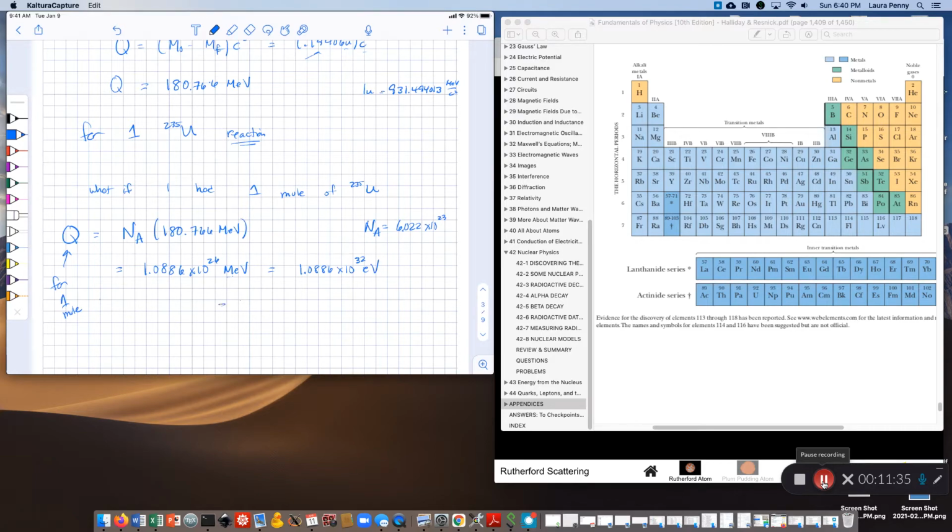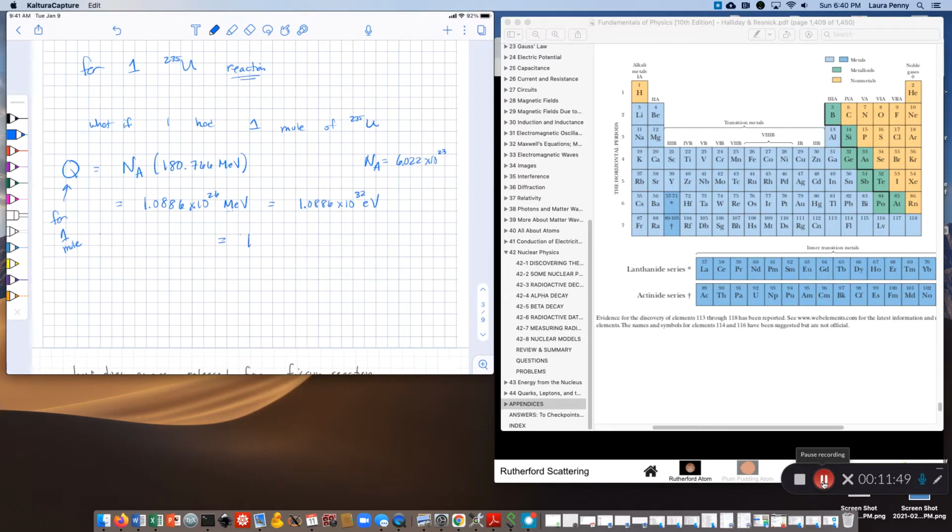And even if I convert this to joules, where I multiply that times 1.602 times 10 to the negative 19 to get it into joules, I end up with 1.74 times 10 to the 7 joules per mole. That's the amount of energy that's coming out here.